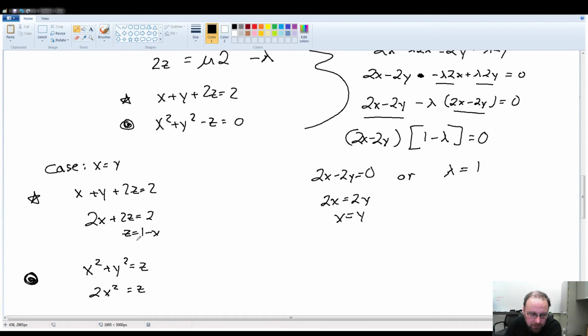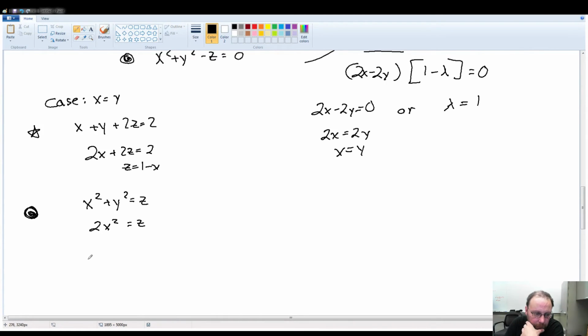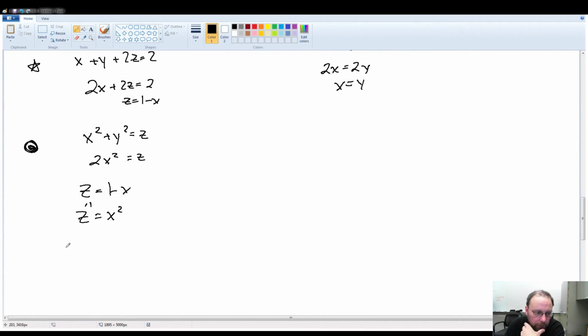And now we have two equations and two unknowns, and we could try to solve, right? Z equals z. So this means that x squared equals 1 minus x. I did something wrong, didn't I?